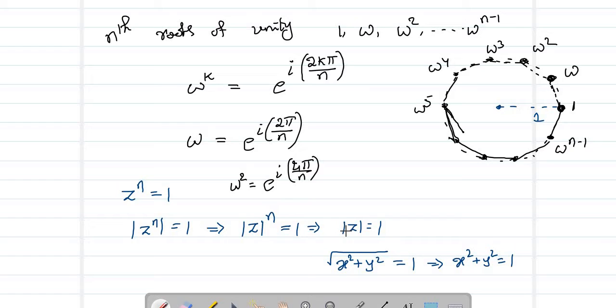And you can see why they are placed at equal distances. Suppose this is omega. Here the angle is nothing but 2 pi by n, isn't it? Now if I take the other one, omega square, what is the angle here? That is 4 pi by n.